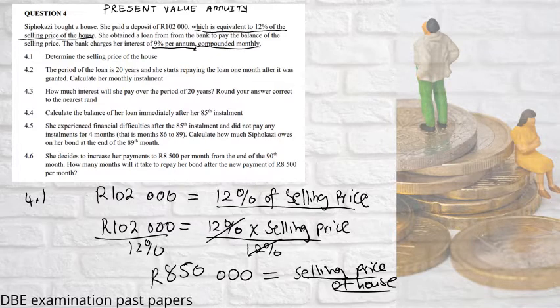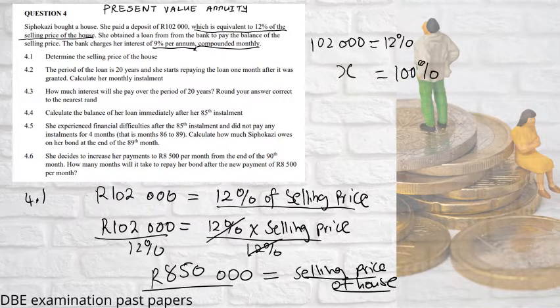It's 850,000 rands. Or someone can do it this way: 102,000 rands is equal to 12%. So what is the 100% of the house? Let X be the selling price of the house. When X is equal to 100%, then it's just going to be cross multiply.